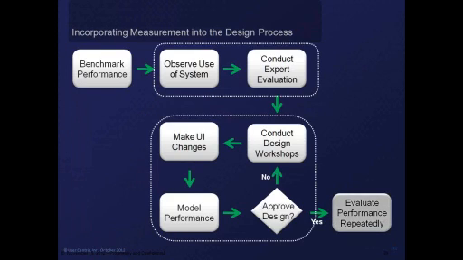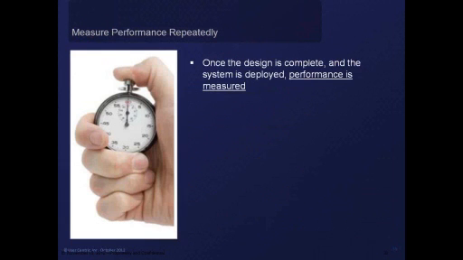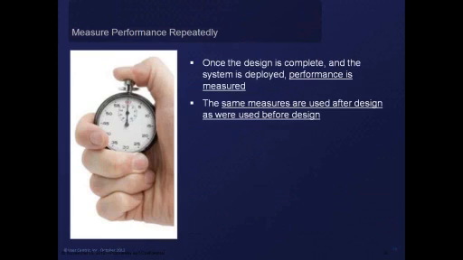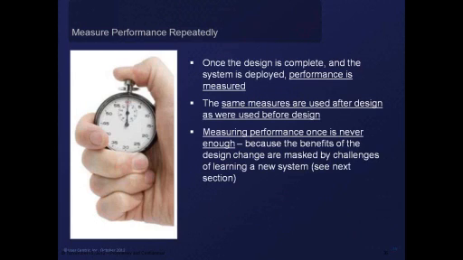And I'll show that curve again in just a minute here. So once we have a complete design and the system's deployed, performance can be measured again and compared against the previous design. The same measures are used as before, and now we can make those decisions whether we've actually achieved our objective.